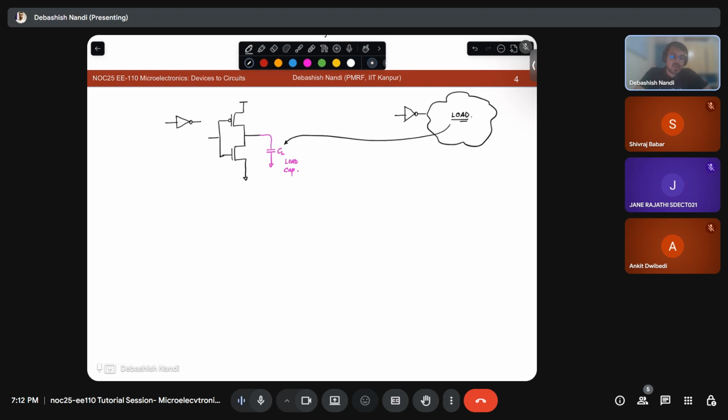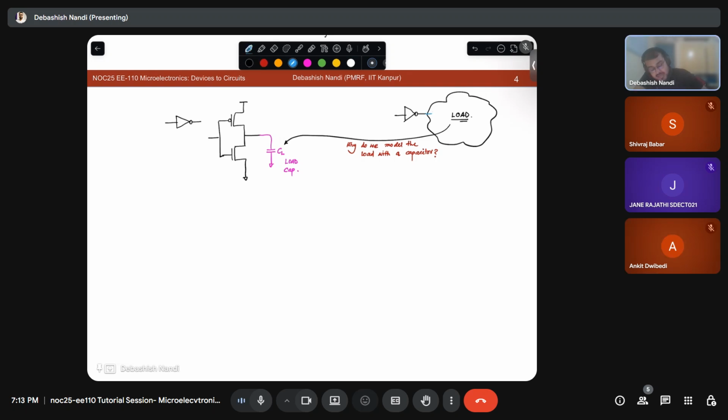Why are you able to do that? Why do we model the load with a capacitor? Anyone? Because there is a gate capacitance present at the input side.